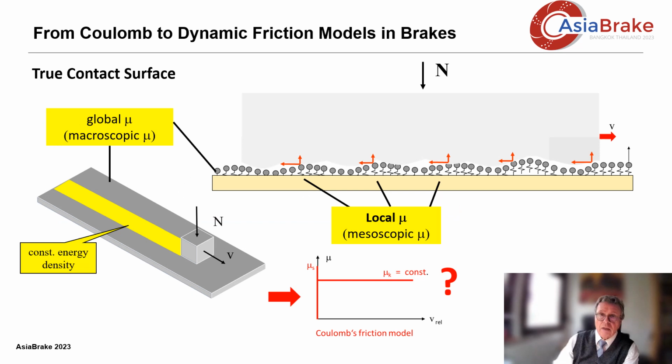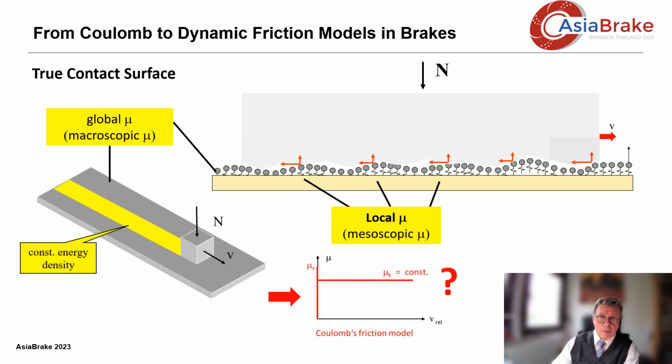So, as a real body, one has many asperity contacts. At each one, one finds a local mu. Also, the body as a whole, of course, has an energy loss, which defines a global mu value.